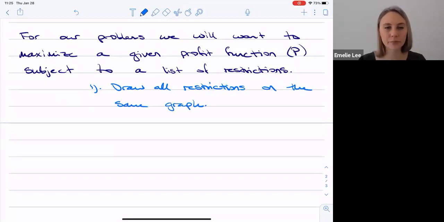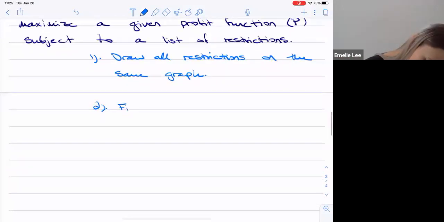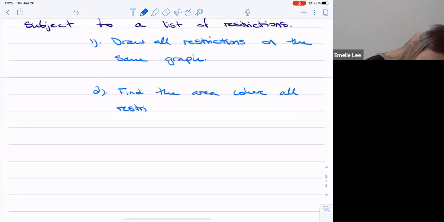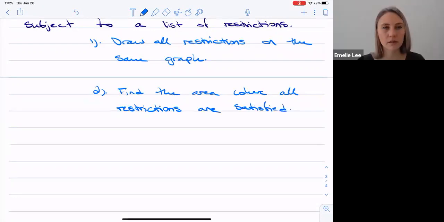The second thing we're going to do is find the area where all those restrictions overlap, the area where all restrictions are satisfied.